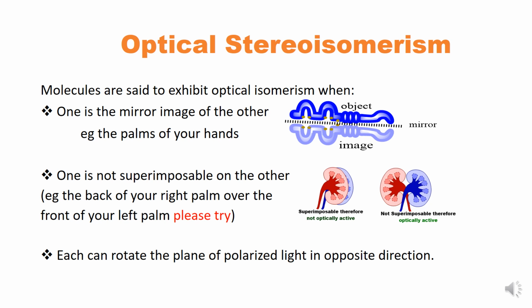The two cannot rotate the plane of polarized light in the same direction. So when a compound displays any of these three properties, we say this compound is an optically active stereoisomer.